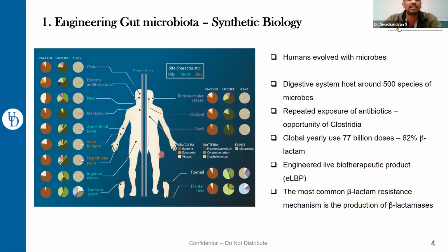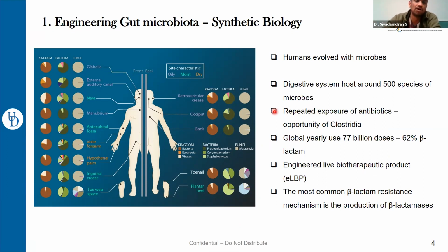Okay, I'm going to talk about a few applications that have been done in human health and to make chemicals by using synthetic biology. The first study we're going to talk about is engineering the microbiota. We know humans have evolved along with microbes.